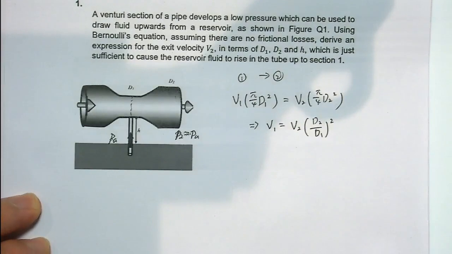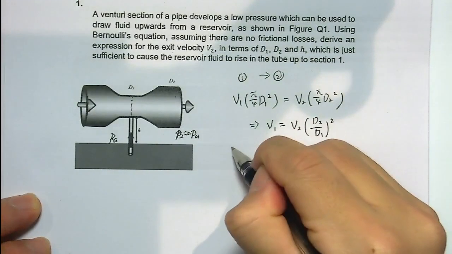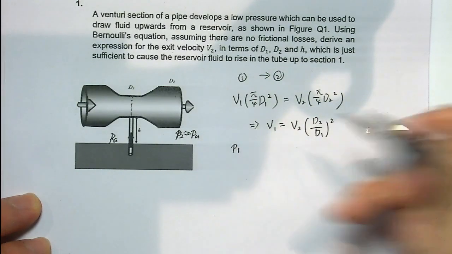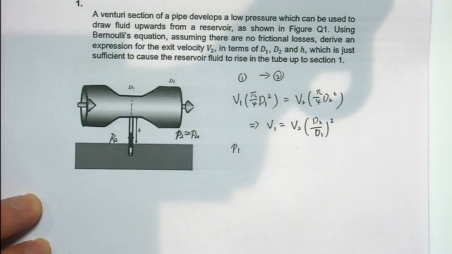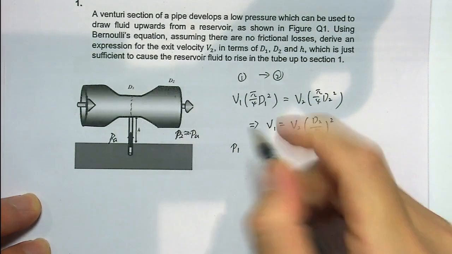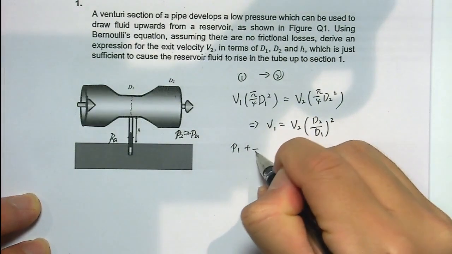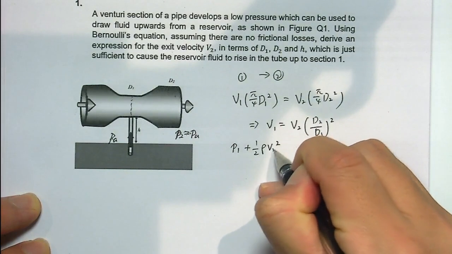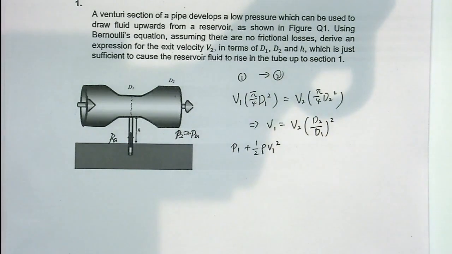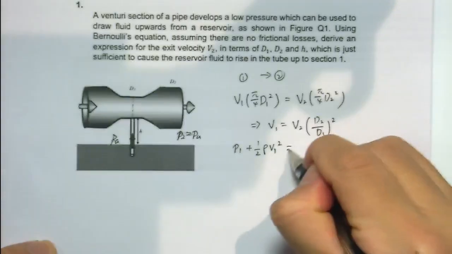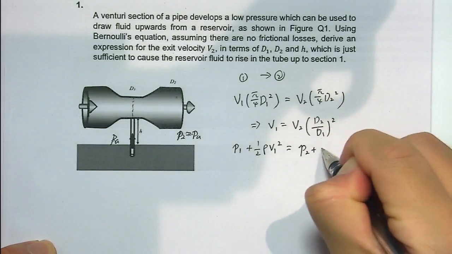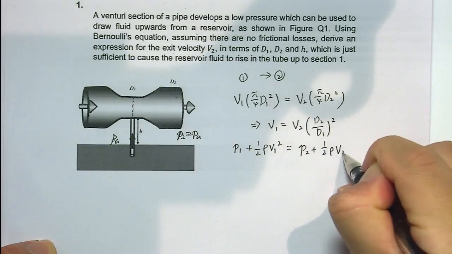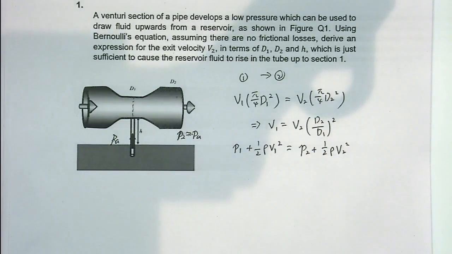At position 1, the Bernoulli equation could be written as P1, which is the static pressure at position 1, plus half rho V1 squared, where V1 is the velocity. And at position 2, it's P2 plus half rho V2 squared. Yeah?